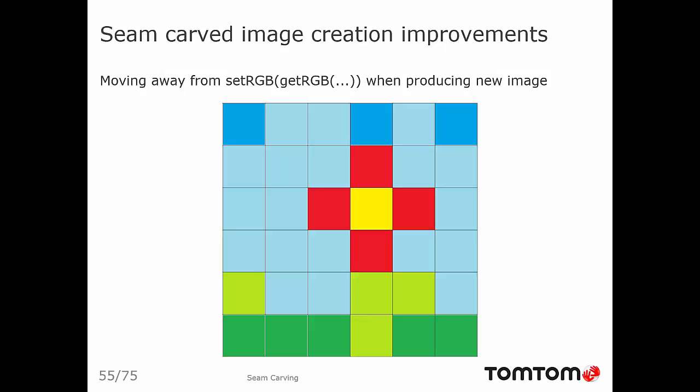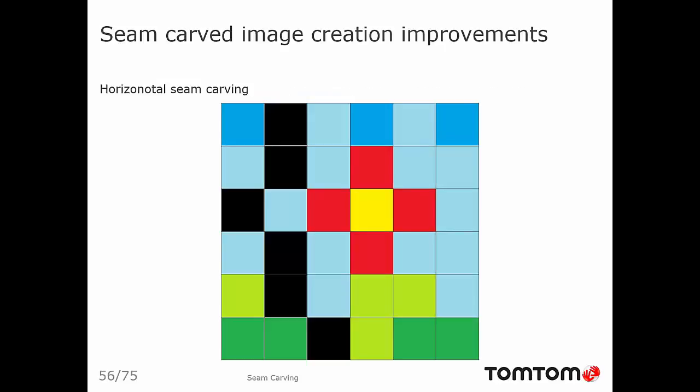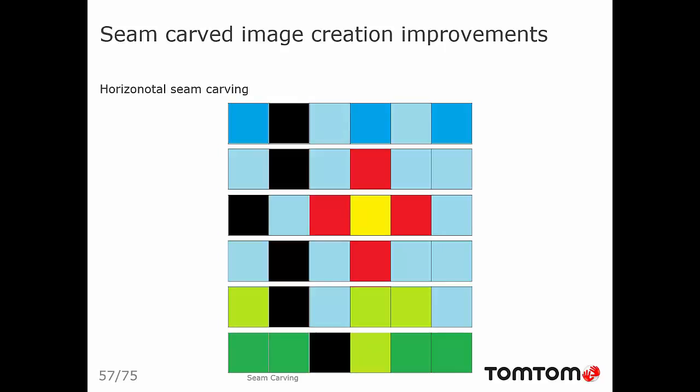So what we came up with is a twofold solution. For example, say we identified a horizontal seam while doing horizontal seam carving. We know that inside the BufferedImage, the image itself is represented as a single array that contains consecutive rows of pixels.